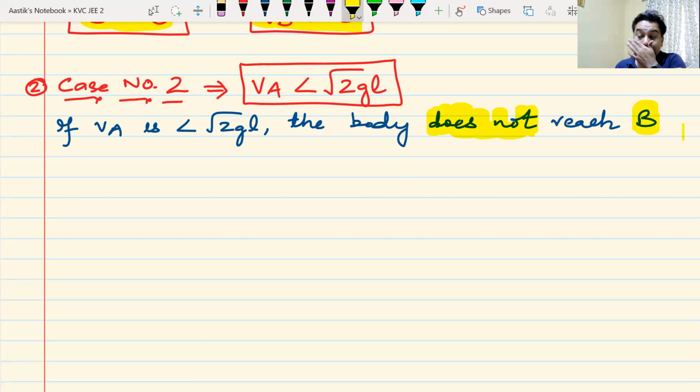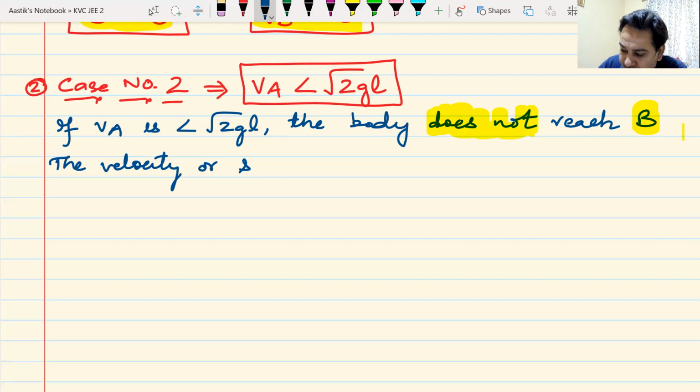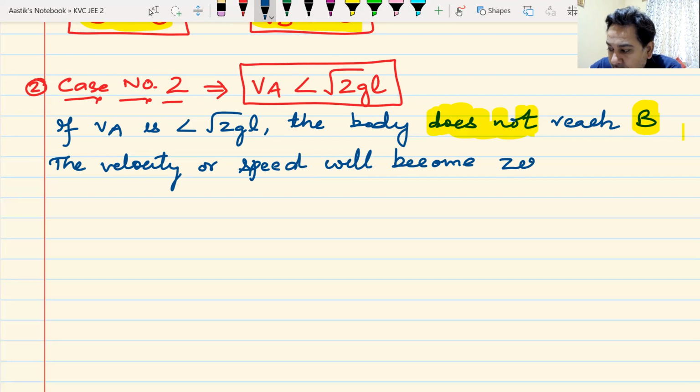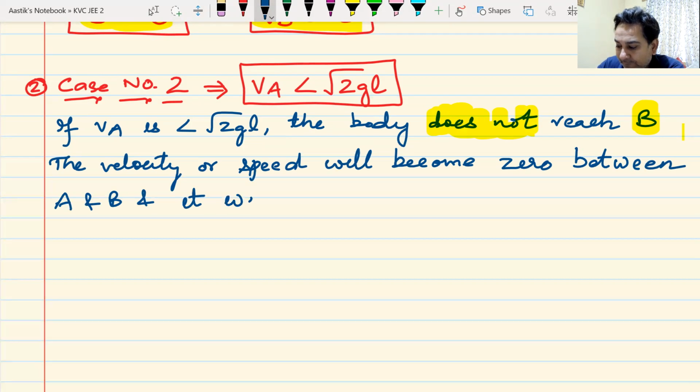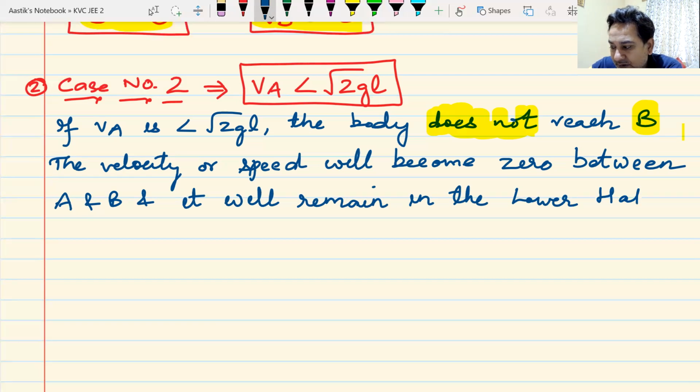It will never reach point B. The velocity or speed will become 0 between A and B, and it will remain in the lower half. Do we understand this up till here?